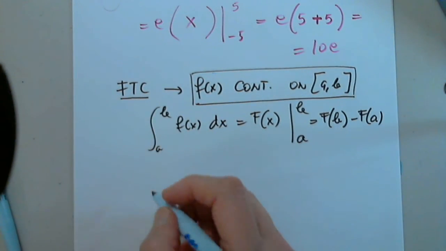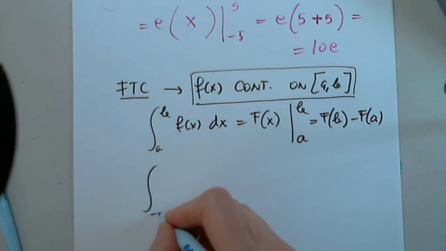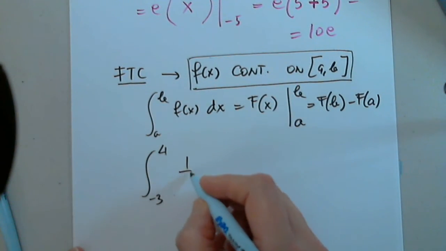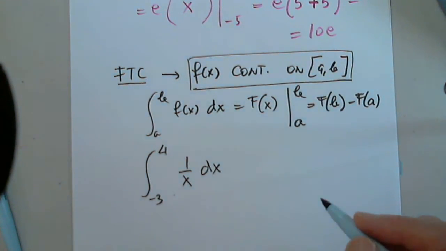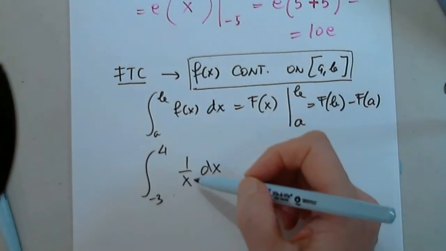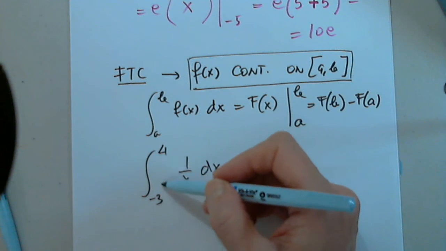In other words, if I have the integral from -3 to 4 of 1 over x dx, notice that this function is not defined at which x value? 0. Excellent. So 0 is in this interval.